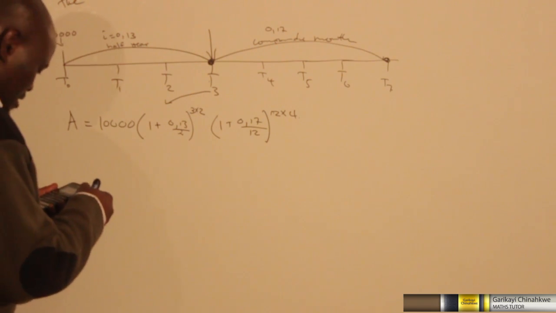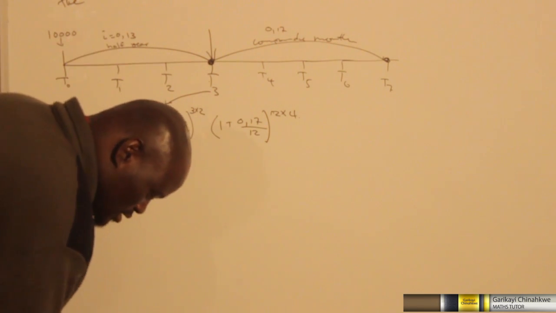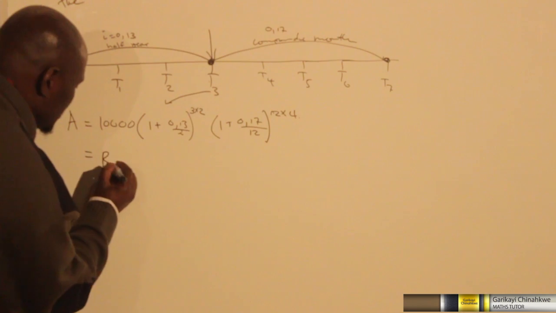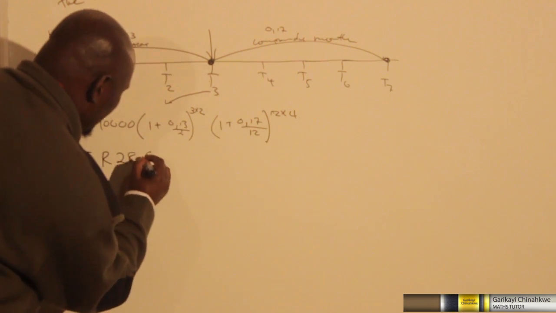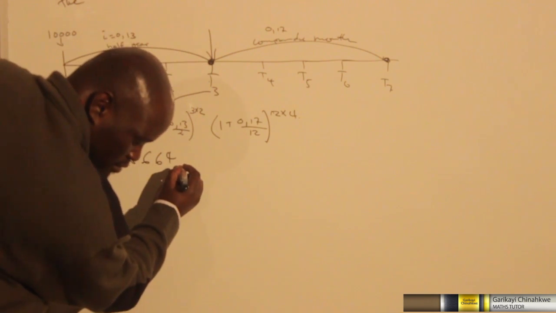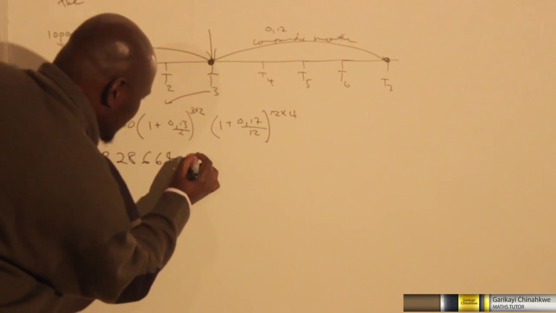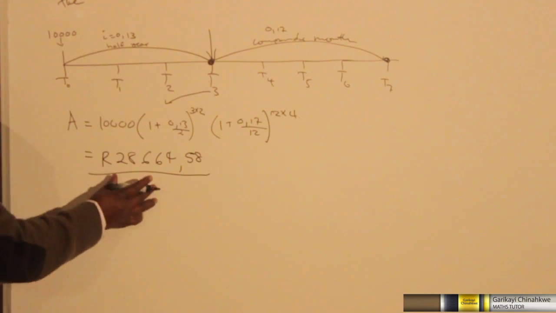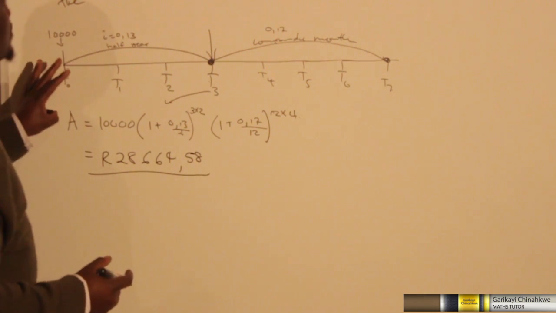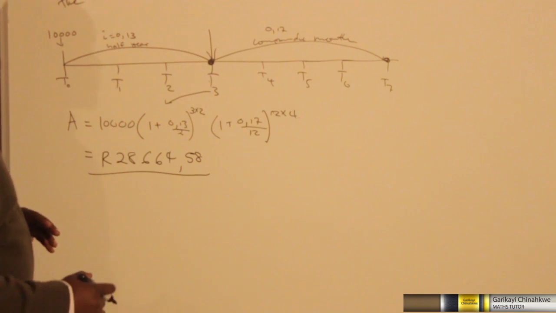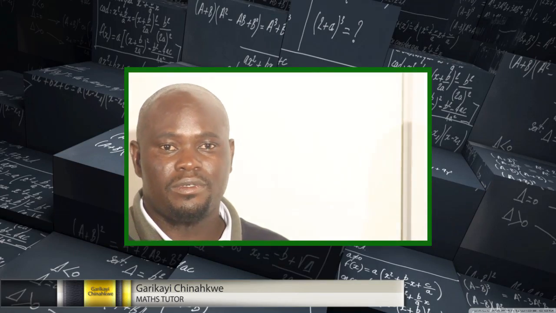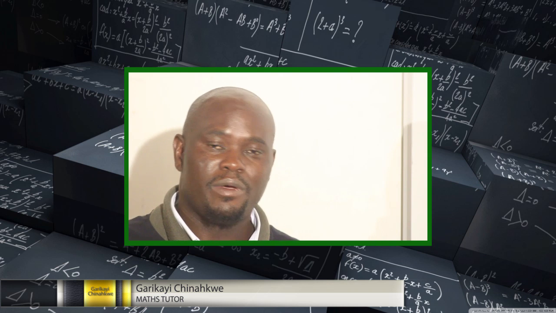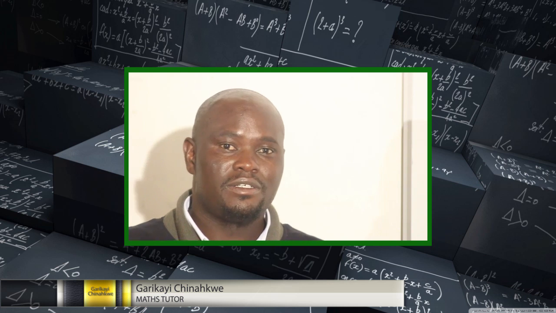The answer is going to be 664 and 58 cents. So this is the amount of money that he's going to receive after 7 years of investment.